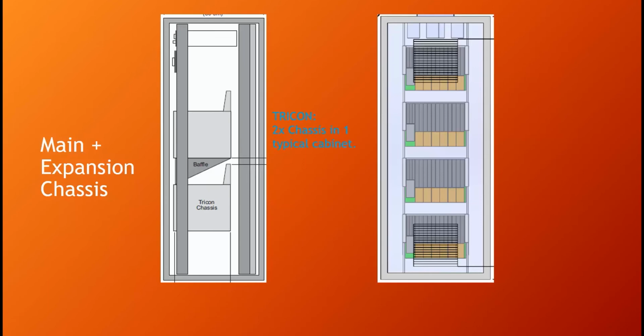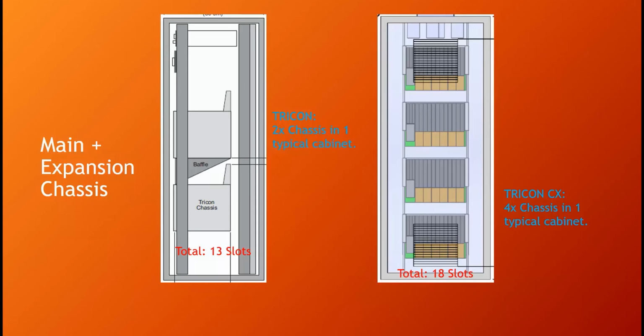The Tricon will generally fit 2 chassis in one typical cabinet, totaling 13 I/O slots. Whereas the Tricon CX, you can fit 4 chassis in the front with 18 slots for I/O.